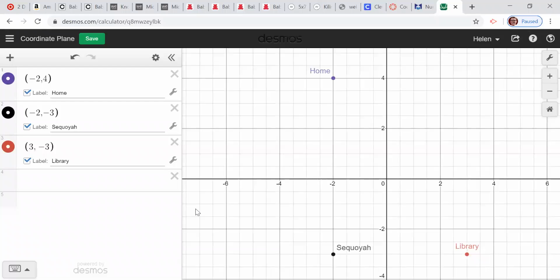Once you've plotted all of your points, or you've identified the points on the coordinate grid by their x, y values, you can find the distance. You can find the distance one of two ways. Think back to that number line and that absolute value problem that we solved.